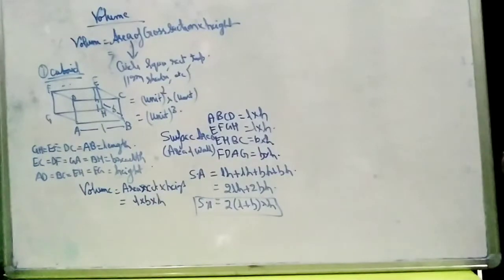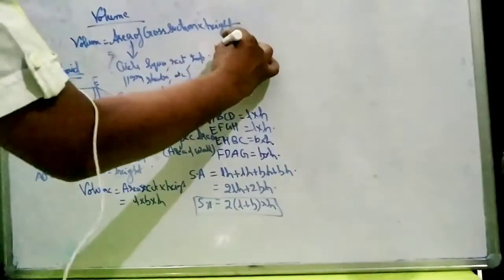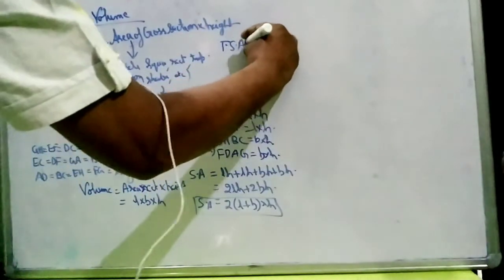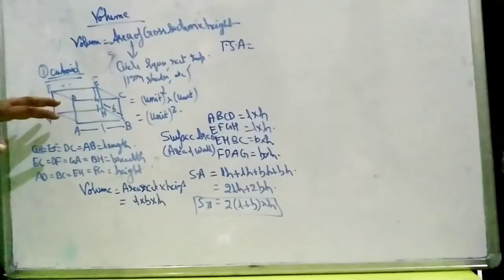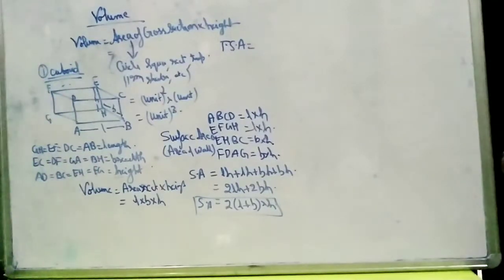Now if you have to find out the total surface area, TSA, it will include the area of four walls plus the area of the floor as well as the area of the top.